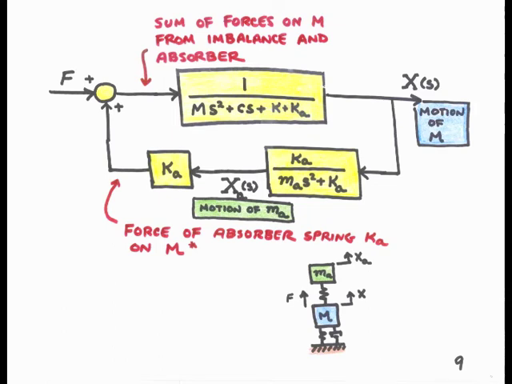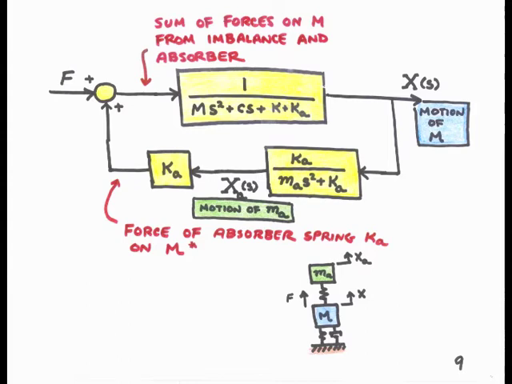On the far left, you see the external force, capital F, coming into our system model. And added to it is the force from the absorber spring. This force from the absorber spring is K sub A times X sub A. The two forces are added together, and that becomes the sum of the forces acting on mass capital M.